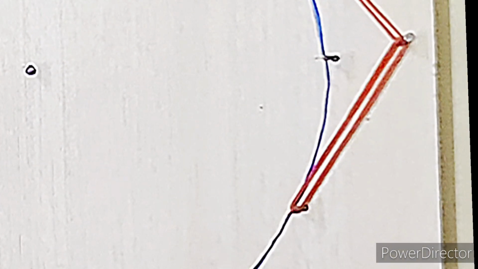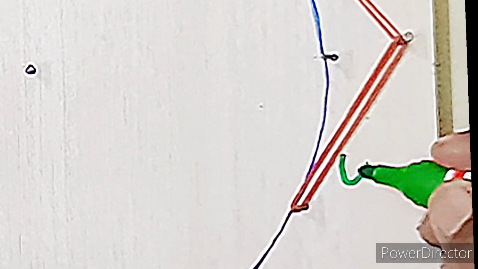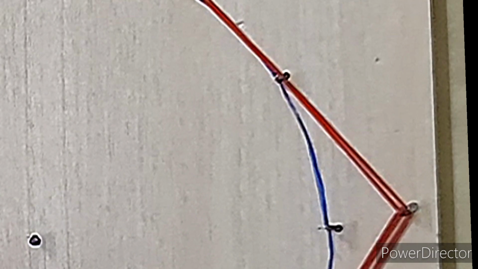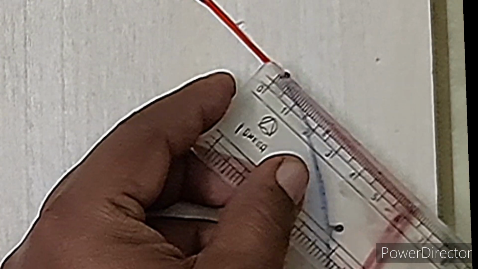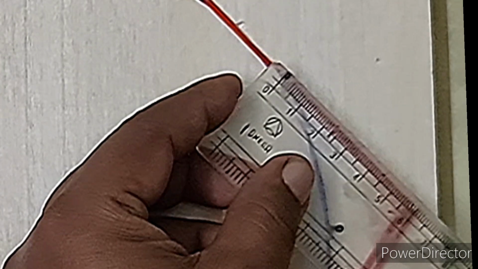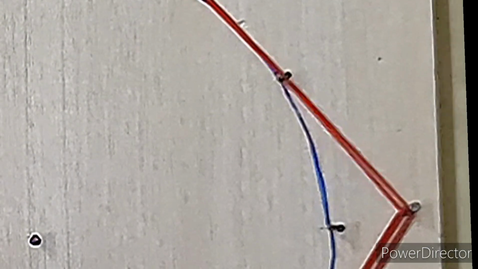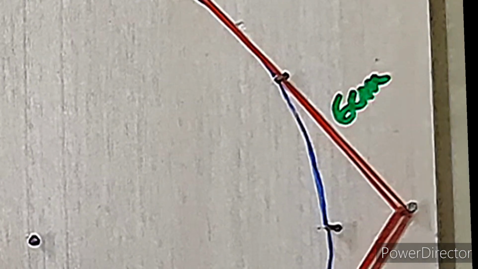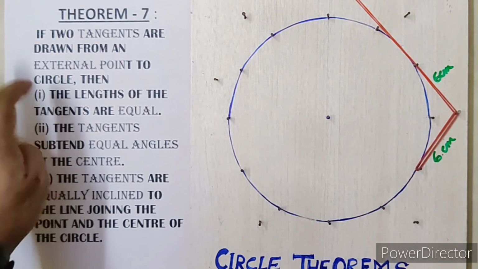So this length is 6 centimeters. Let us measure this length and see. That also shows me 6 centimeters. So that confirms the first part, that the lengths of the tangents from an external point to a circle are equal. So the first part is verified.